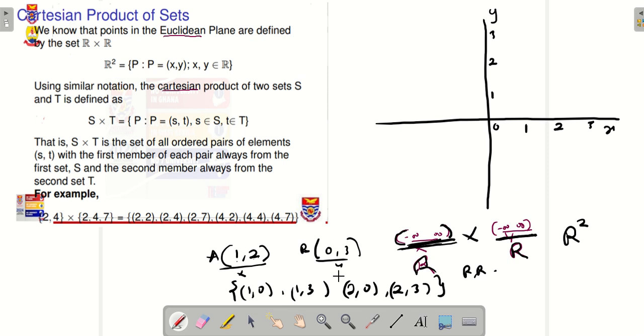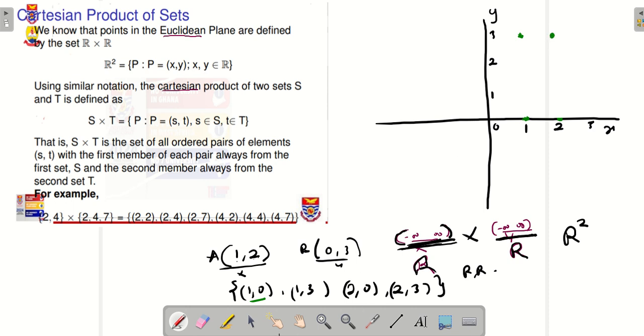Because I don't have any negative, there will be no need to introduce the negative values. So let us start plotting. My first plot is going to be (1, 0), which is this. The next one is going to be (1, 3). That is going to be this. The next one will be (2, 0), which is this. And the last one is (2, 3), which will be this.